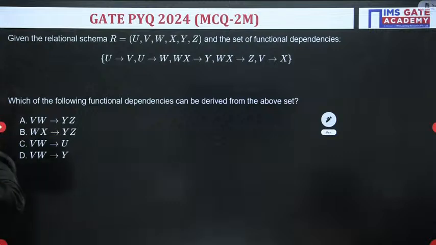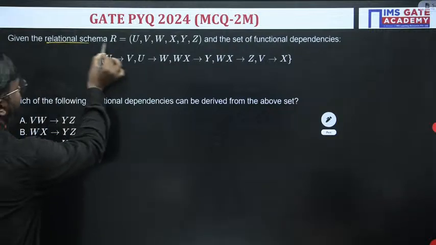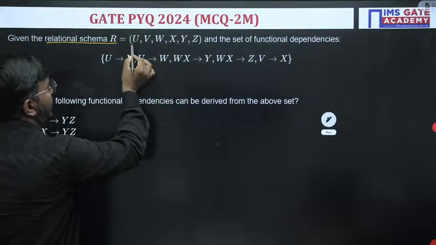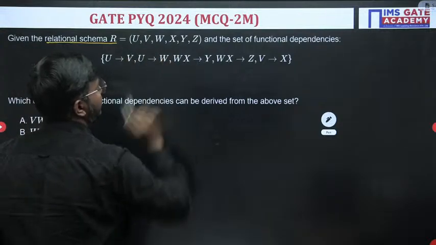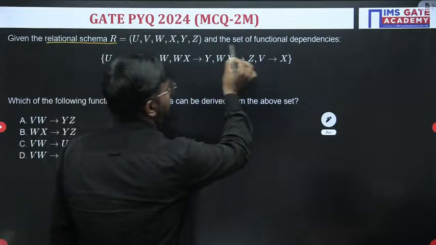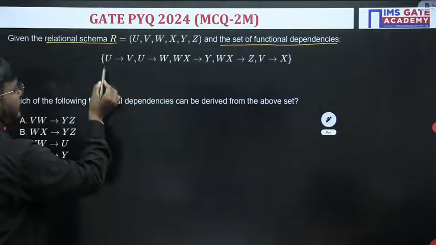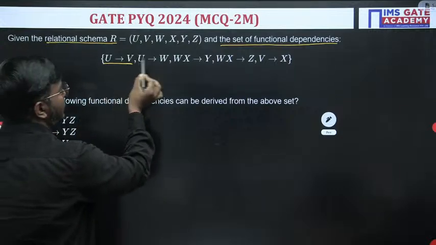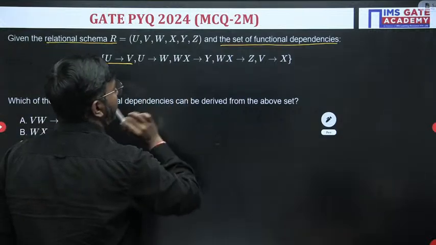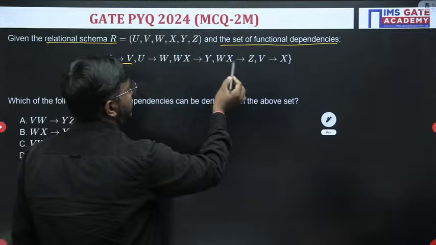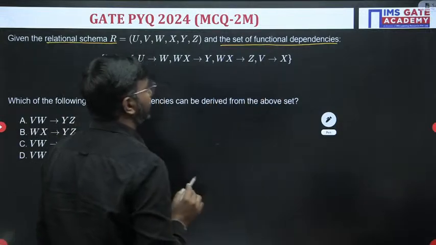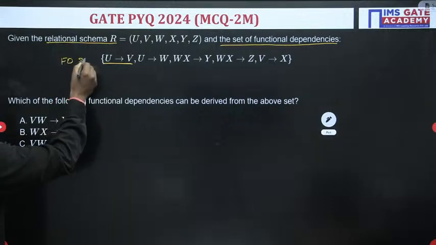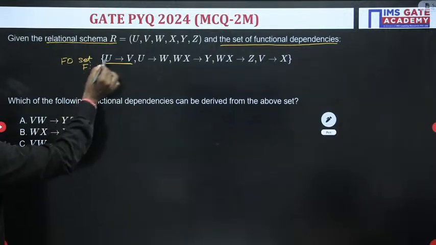We are given a relational schema R with the attributes U, V, W, X, Y and Z, and the functional dependencies: U goes to V, U goes to W, WX determining Y, WX determining Z, and V goes to X. This is the FD set F for the relation R.